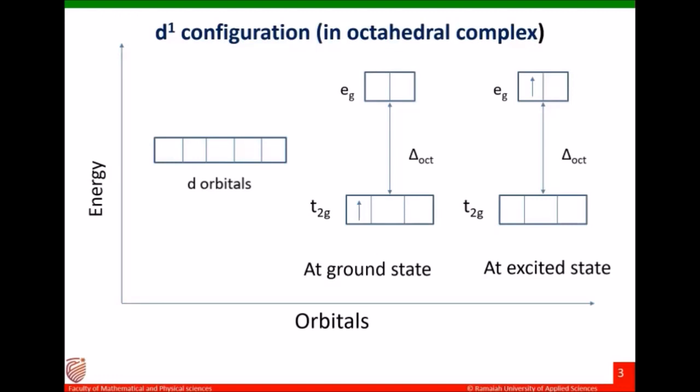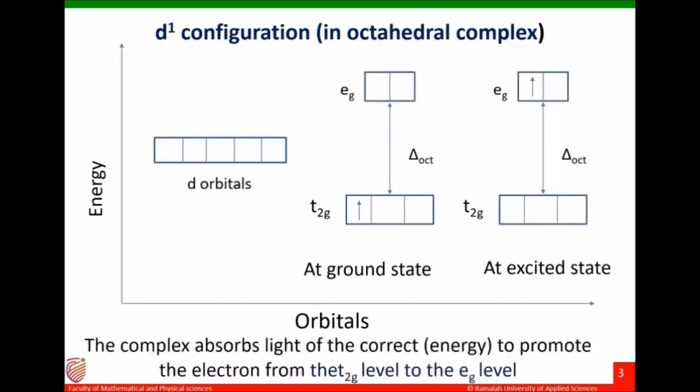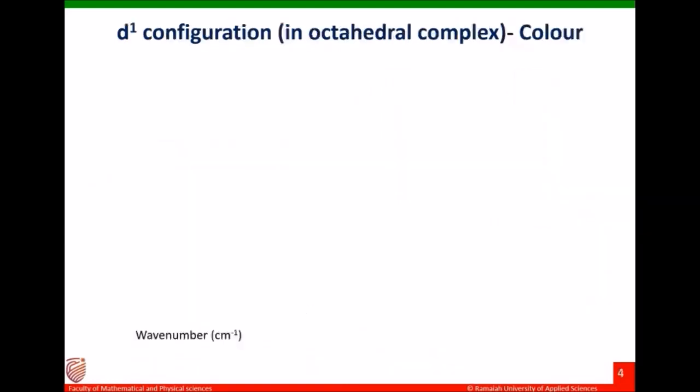After the absorption of light, the electron is now shifted to EG. The complex absorbs light of the correct energy to promote the electron from the T2G level to the EG level. D1 configuration in octahedral complex.